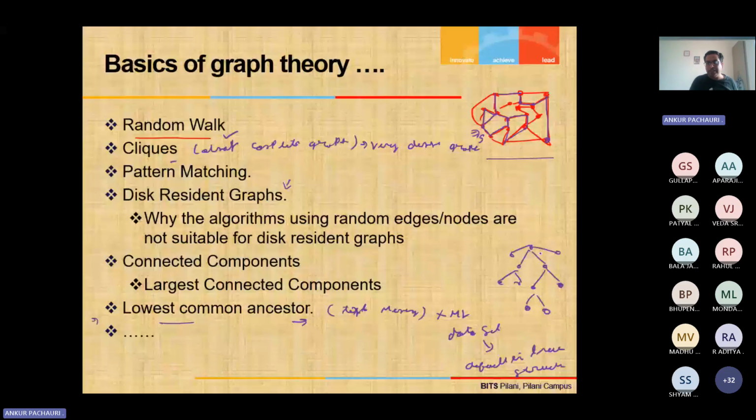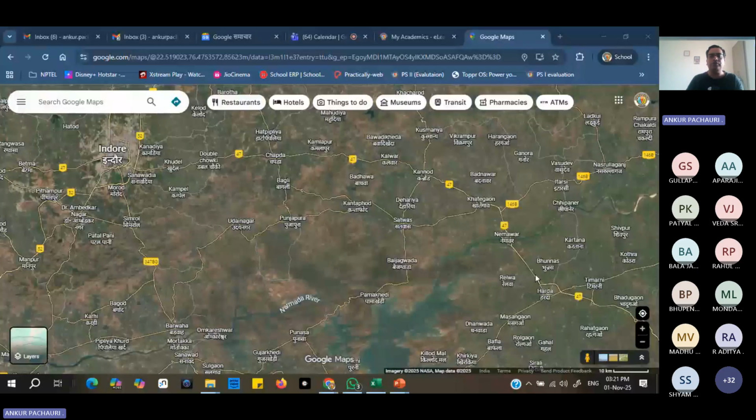These two keywords, this one and this one, belong to a common ancestor, and the first common ancestor is this one. So this can be used to identify how close two keywords are. I'll show you an example where it is useful.